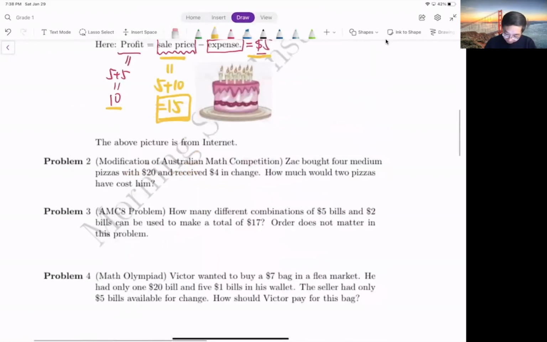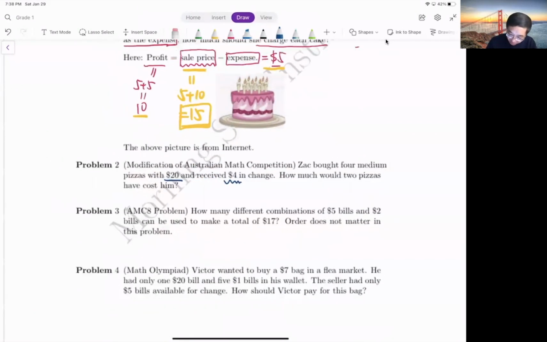Question number 2. Zach bought 4 medium pizzas with $20 and received $4 in change. The question is, how much would 2 pizzas have cost him? Well, the point you should pay attention to is that Zach did not use all $20 to buy these 4 pizzas because he received $4 in change.